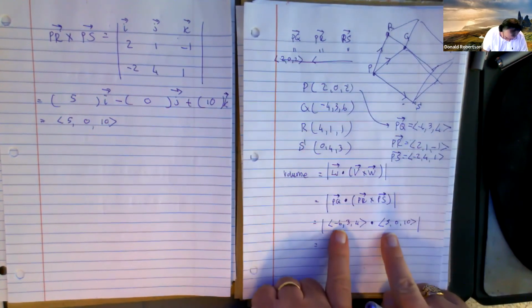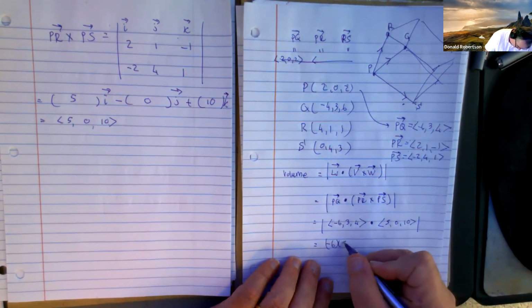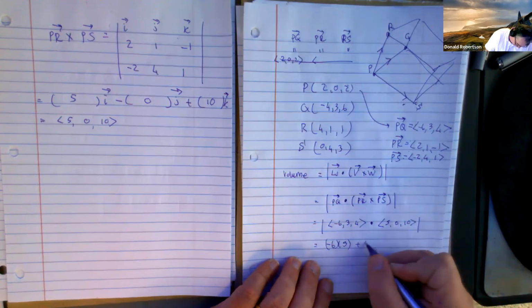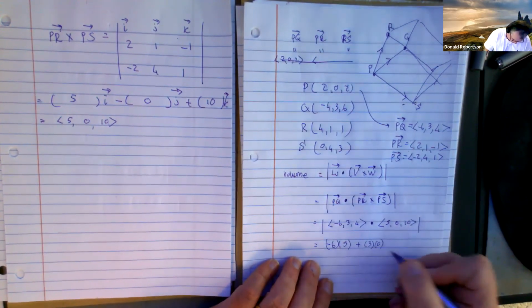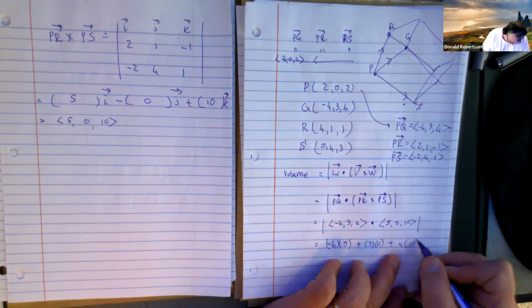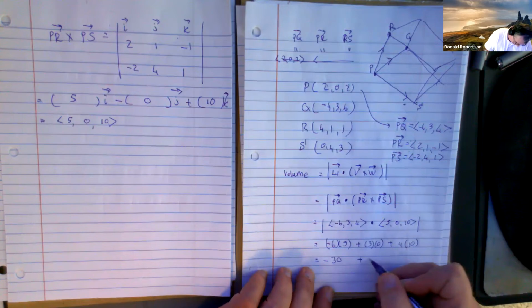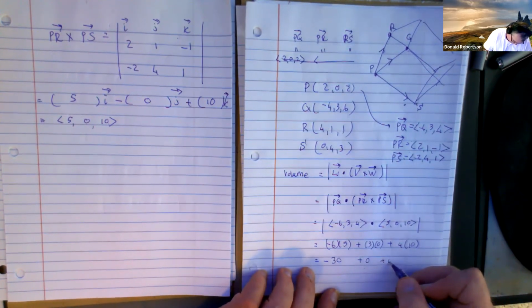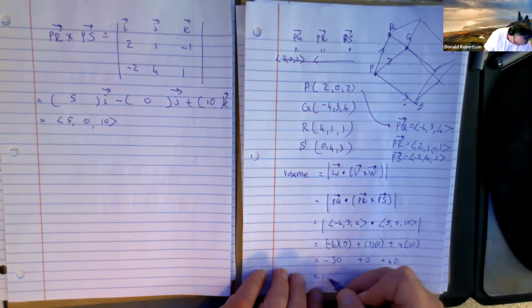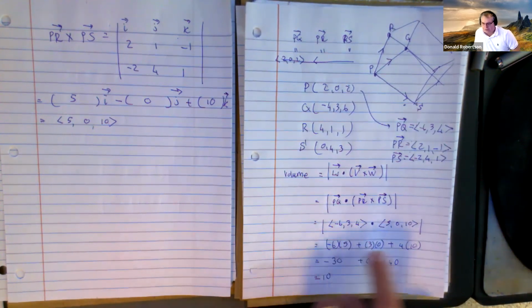And the dot product is you multiply the x's together, plus you multiply the y values together, plus the z values. And I get -30, add 0, add 40. And the answer I got here is 10. Since that answer is positive, I don't need to worry about the absolute value, right? The answer is going to be 10.